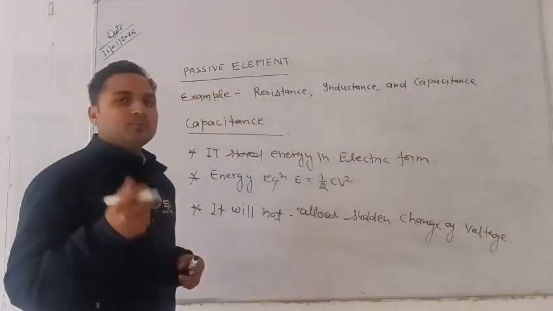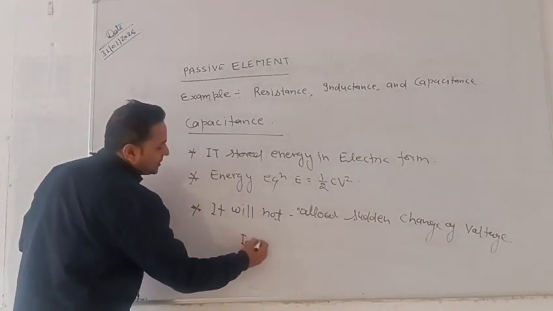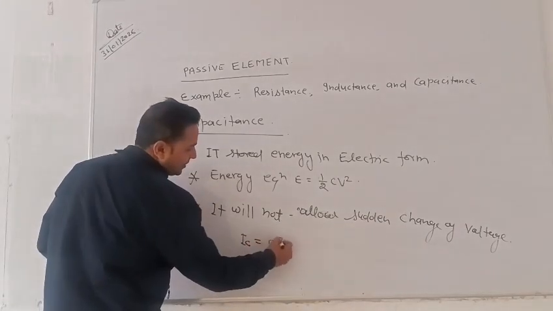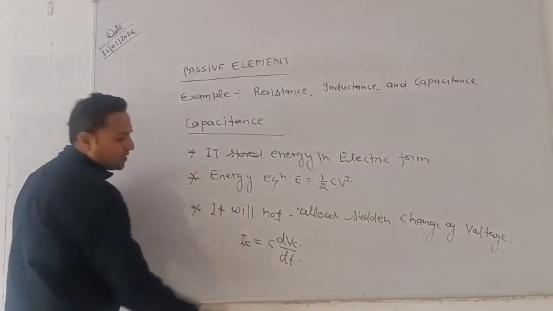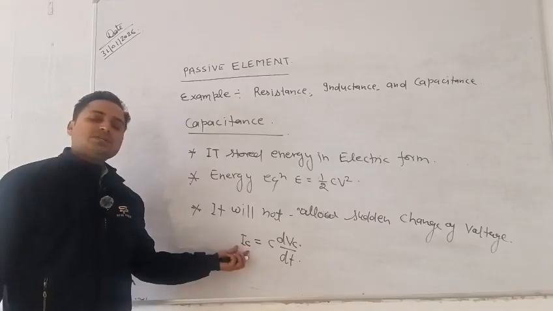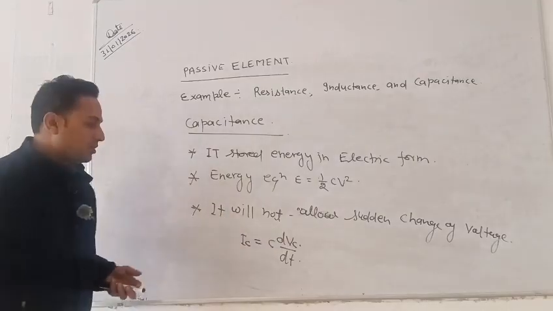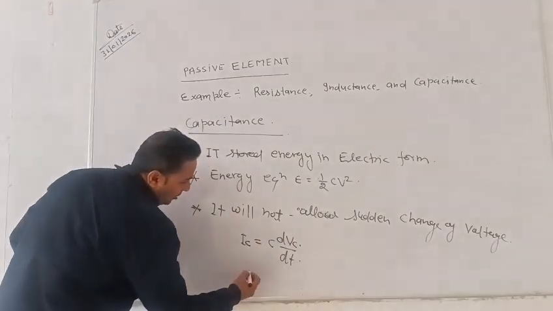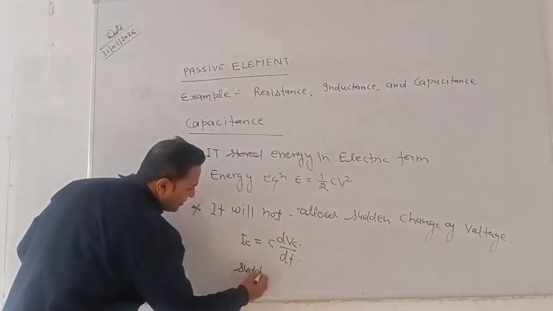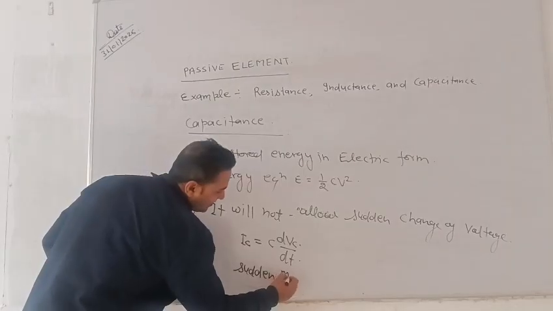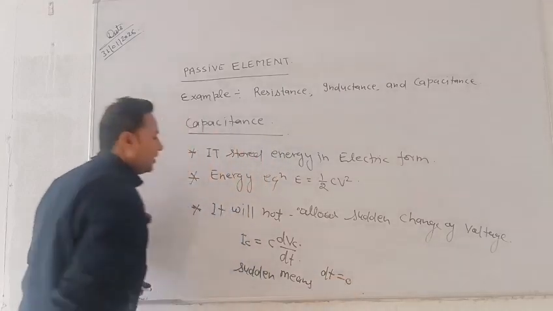If we change voltage suddenly, then what happens? Current across capacitance is equal to C dVc upon dt, where IC is the current across capacitance and Vc is the voltage across capacitance. Sudden change means time dt is equal to 0.